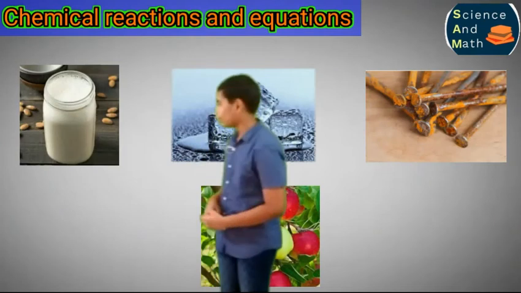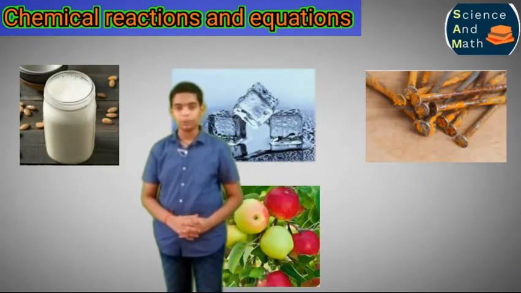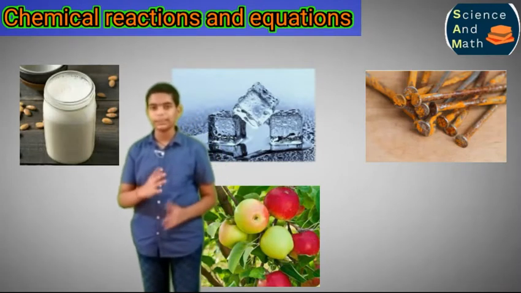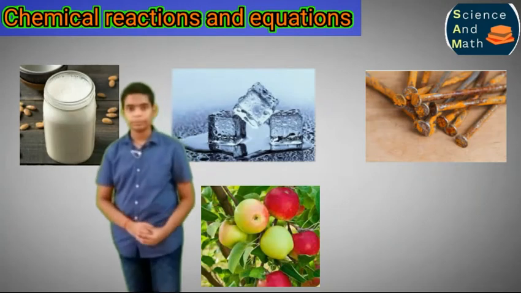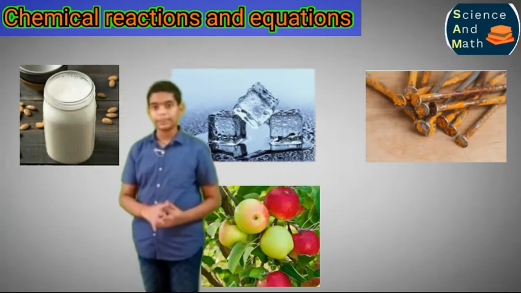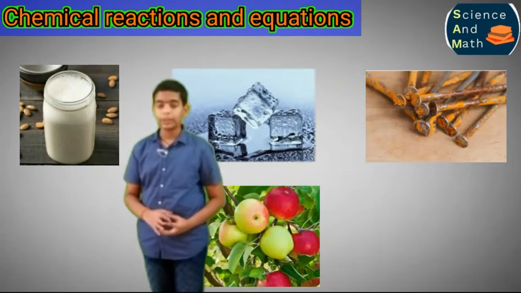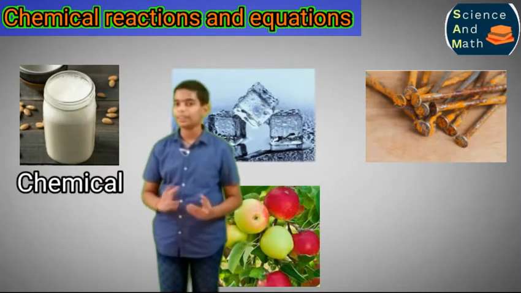So friends, now let's come back to these examples. Now let's try classifying these examples into physical changes and chemical changes. Alright, so now first let's get into the first example. What is it? It's the milk kept at room temperature during summers. Can you guess which type of change is this? Yes, that's right, it's a chemical change.